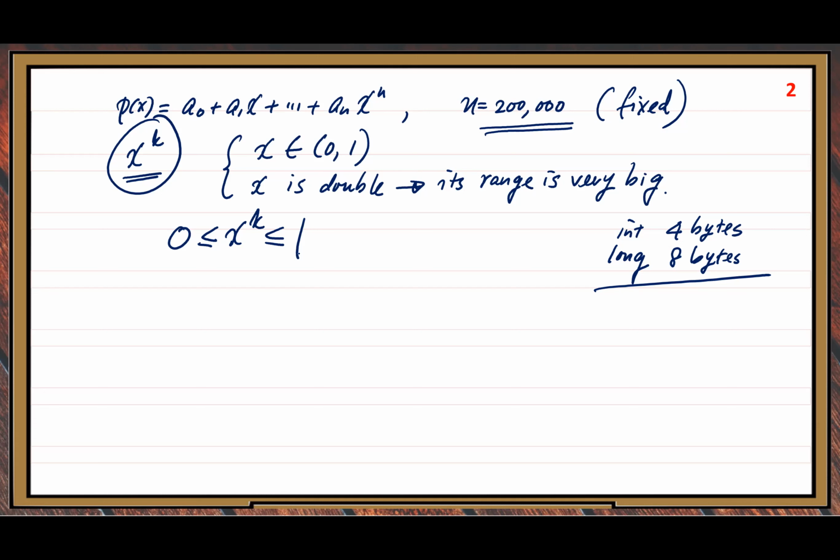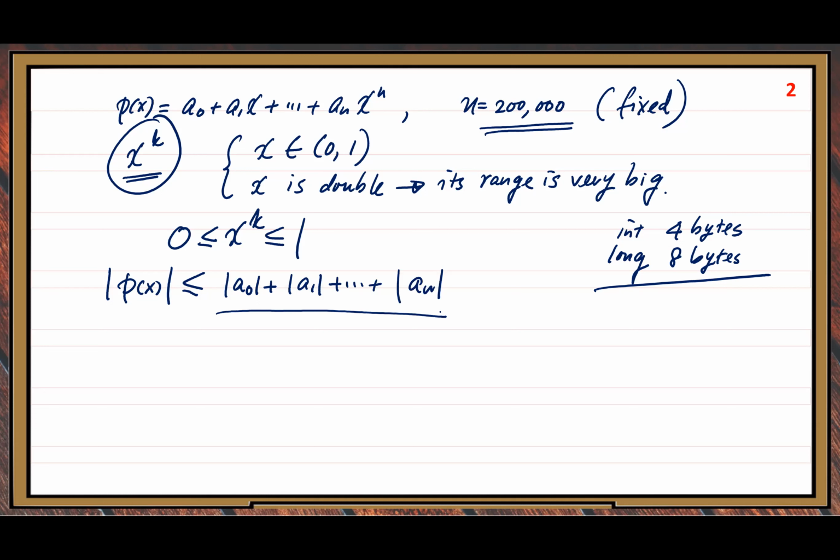Then look at your polynomial: its absolute value is less than or equal to the sum of the absolute values of all these coefficients.